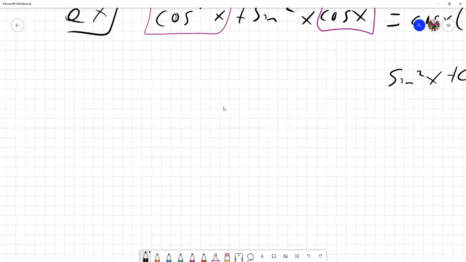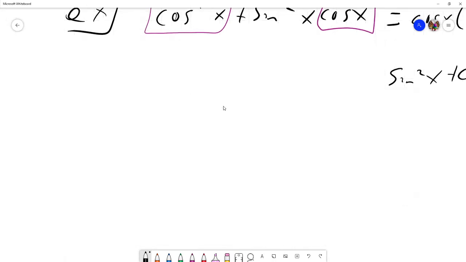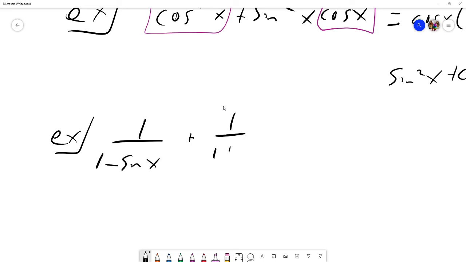Alright, we'll do one more example of this. How about this one? It looks fun. Maybe, we'll find out. 1 over 1 minus sine x plus 1 over 1 plus sine x. Now, here we have two different fractions.